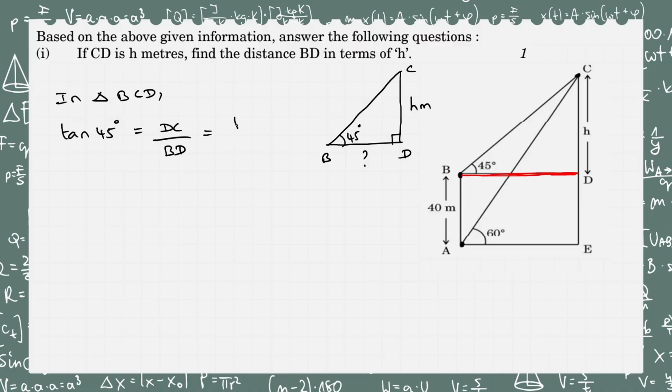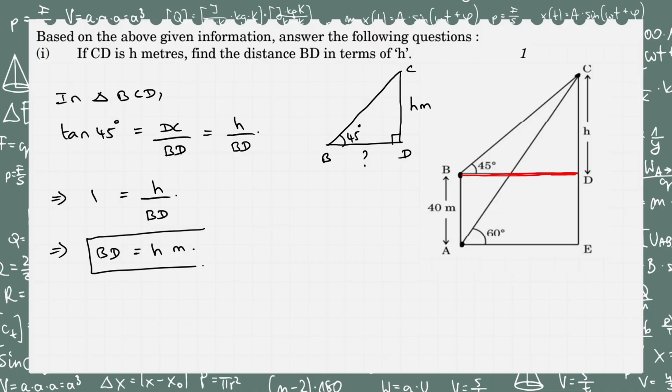So DC is h and BD is unknown, but tan 45's value is 1, right? So 1 equals h by BD. That implies by cross multiplying BD equals h meters. So they were asking BD in terms of h only. So this is the end of the calculation.